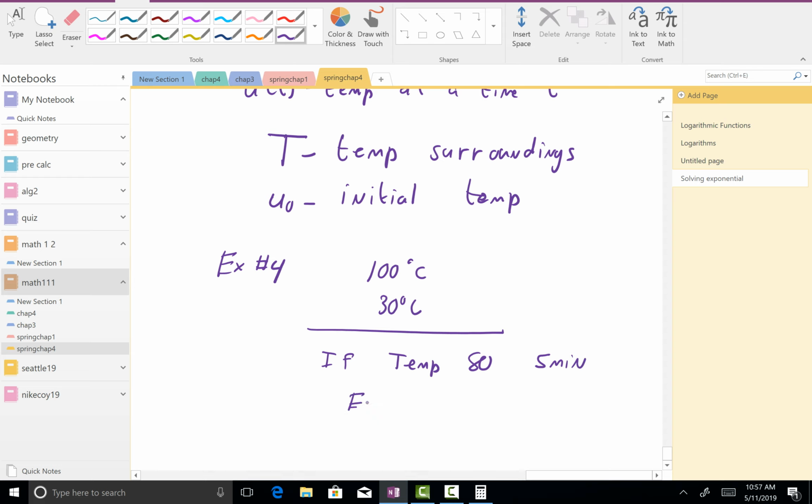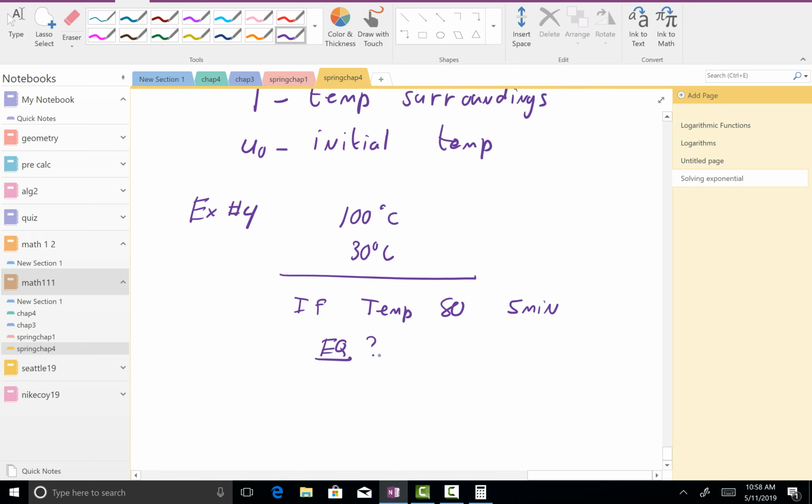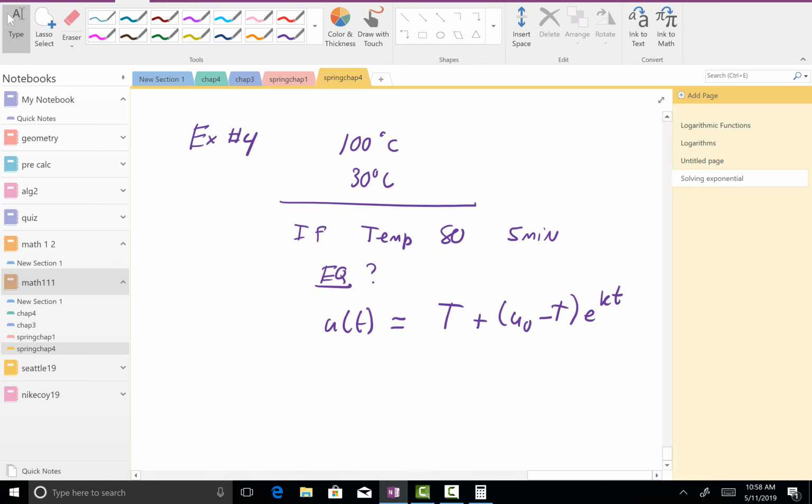So what would we put here for u of t in this situation? So which temperature am I going to put in there for the temperature at a given time? Well, let's put in 80 because that's what it's telling me. So 80 is going to go there.